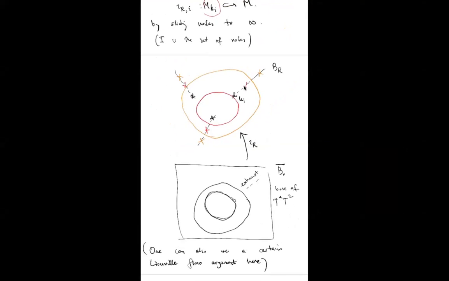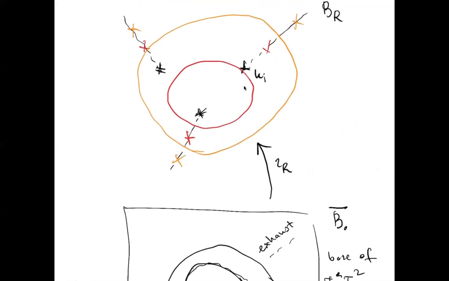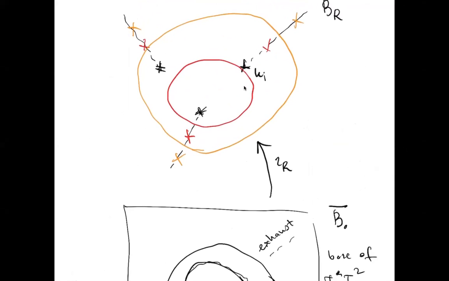I hope you can see it. So now here's my D0. So this is my T star T2. I will embed T star T2 kind of slowly. I will take an exhaustion and embed each piece of the exhaustion and then extend to the next piece, etc. The way I do it is, I see some nodes here, for example in the beginning.